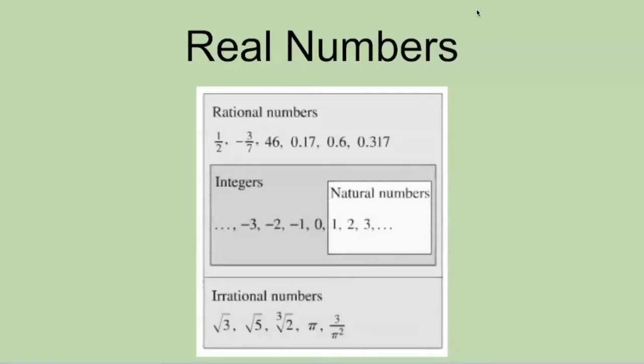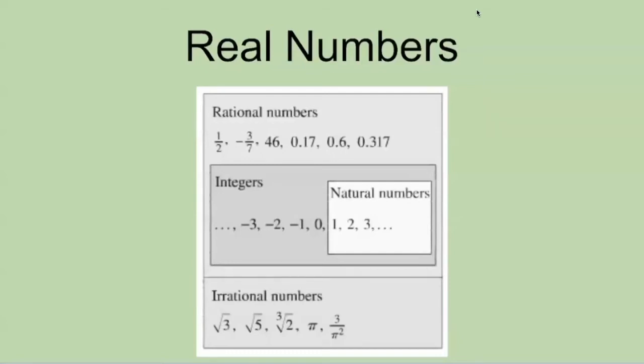Within rational numbers, there is a number of sets that are embedded within. In this example here, the innermost example are the natural numbers. Natural numbers or counting numbers are embedded within the set of integers.